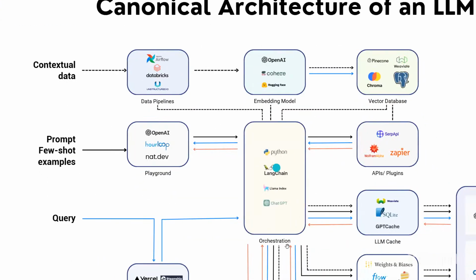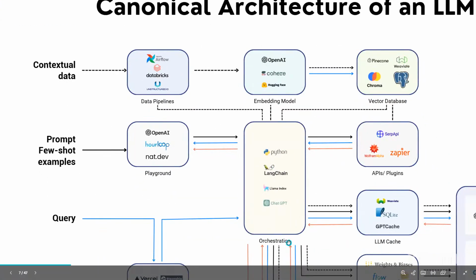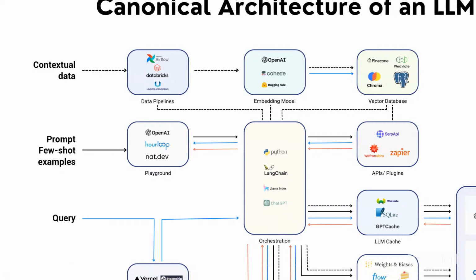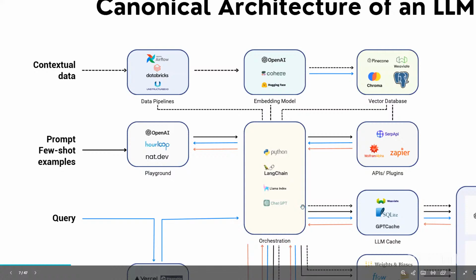Then there is, for the lack of a better word, orchestration. Some people would say it is not orchestration, call it LLM application framework, right? Just like we have web application frameworks, this is the LLM application framework. So there are actually a lot of different possibilities.